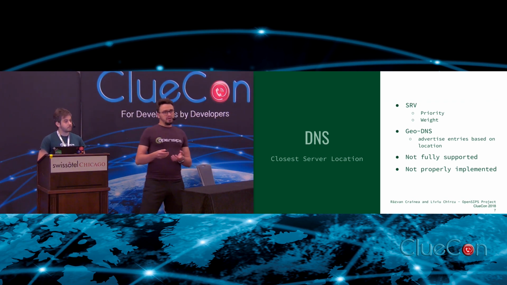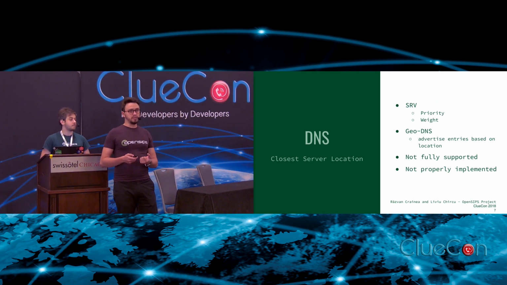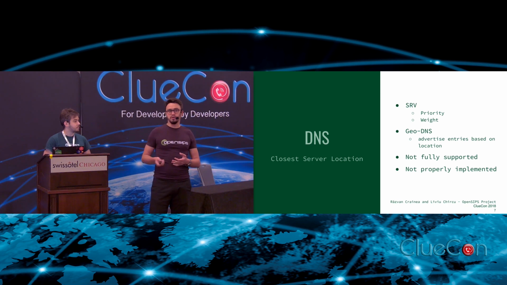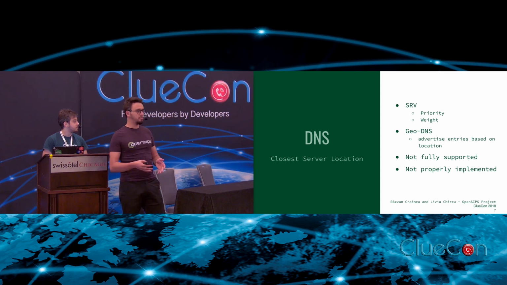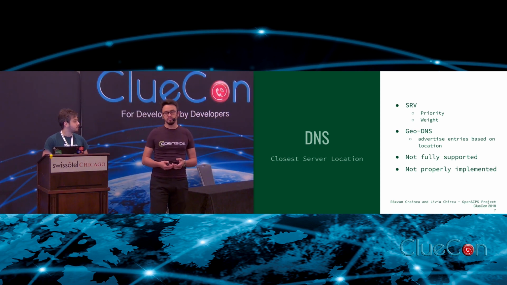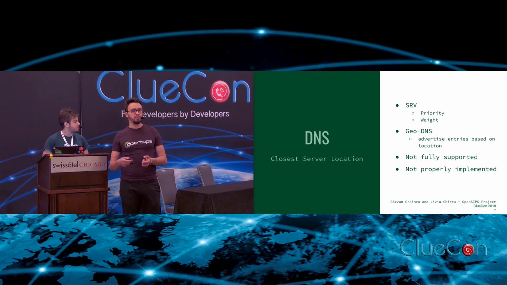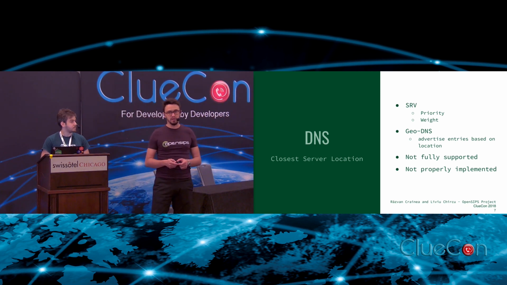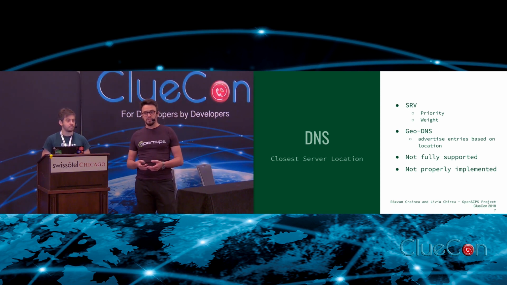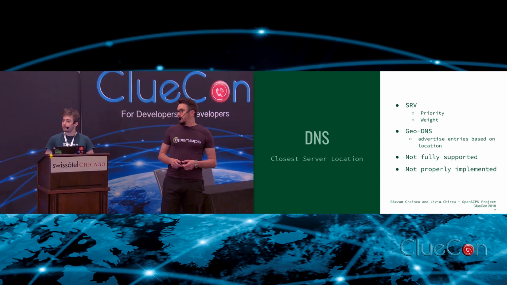This has been done up until recently using DNS, using SRV records, which you've probably used, that have different priority and weight-based methods that can help you decide the server that you might use. Also GeoDNS servers, you probably have experience with that as well.